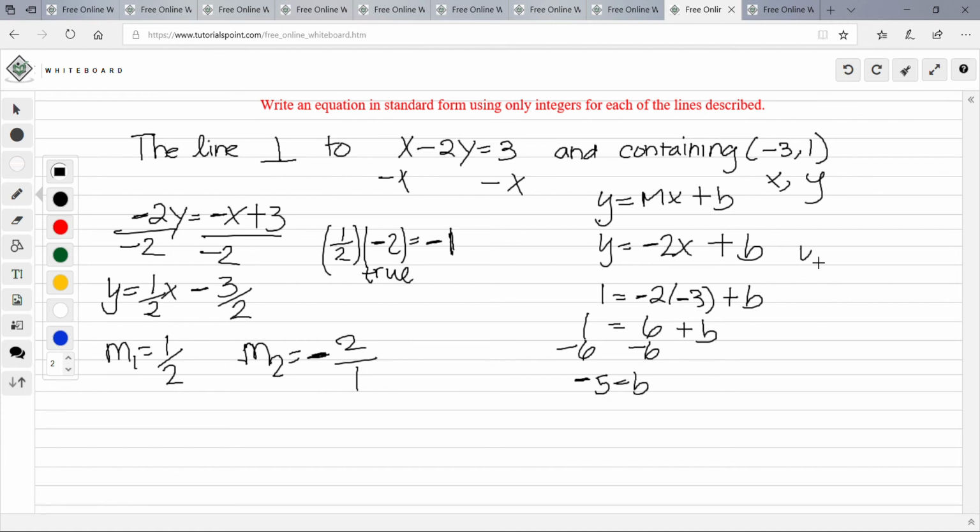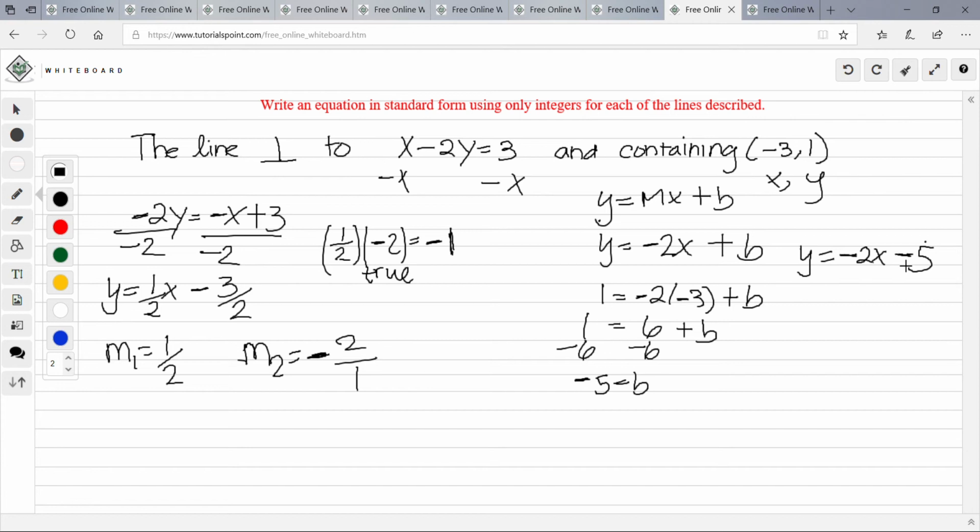So remember, we have this in slope form, right? So our graph is going to look like negative 2x plus b, which is negative 5.